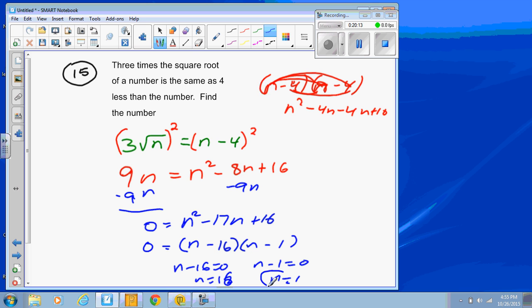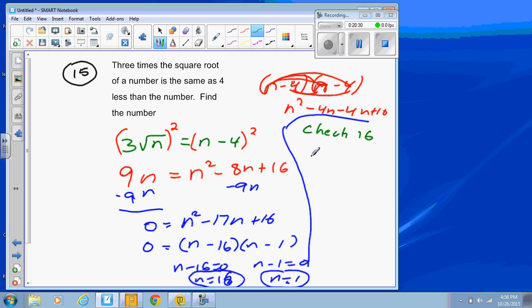And again, we have to put the numbers back into the original equation to see if they work. The first thing I'm going to do is check 16.